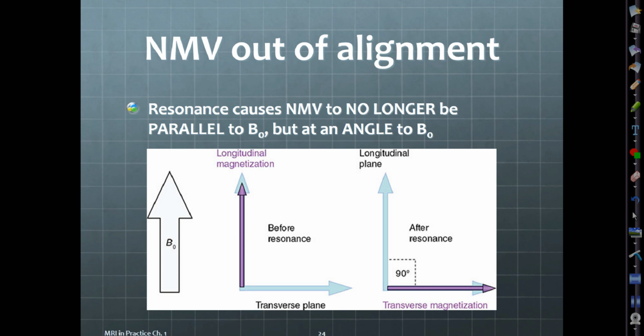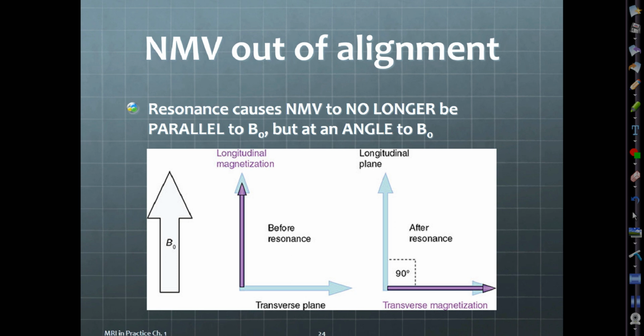And 90 degrees is usually how they draw it initially, because that makes the most sense, because that really gives us our most signal when we flip it 90 degrees into that transverse plane where that receiving coil is. But based on the pulse sequence that we choose, a gradient echo or spin echo, the flip angle will vary.